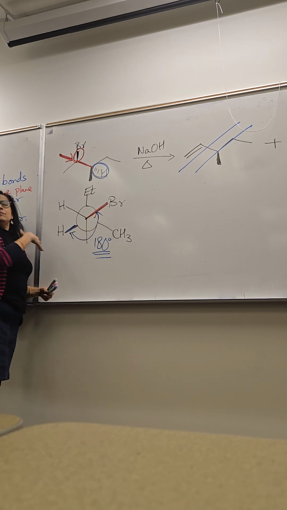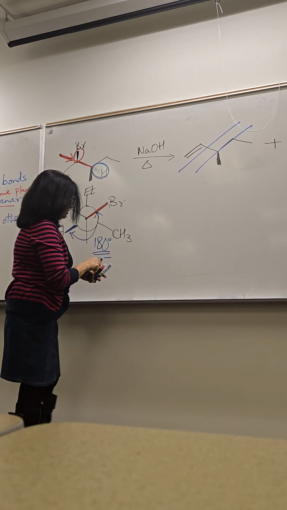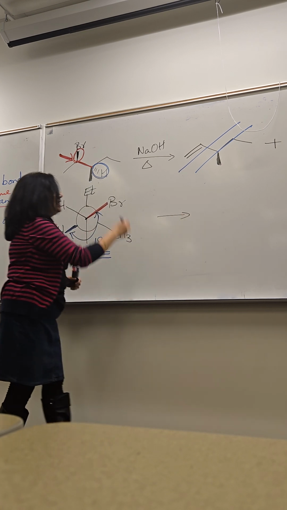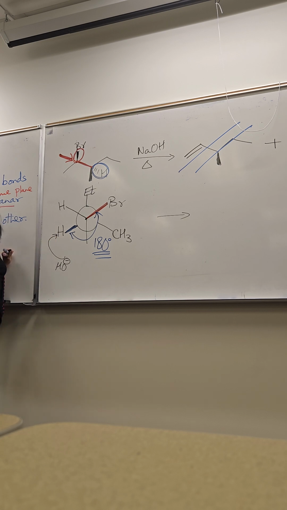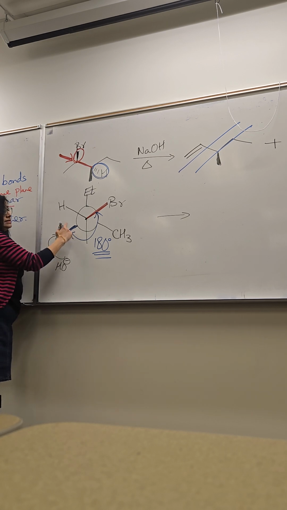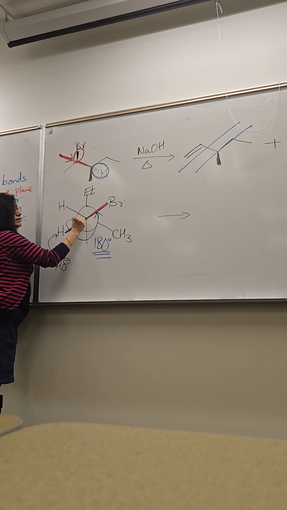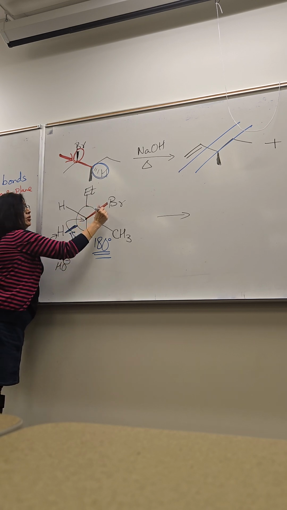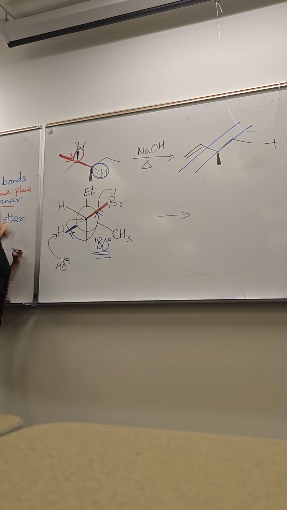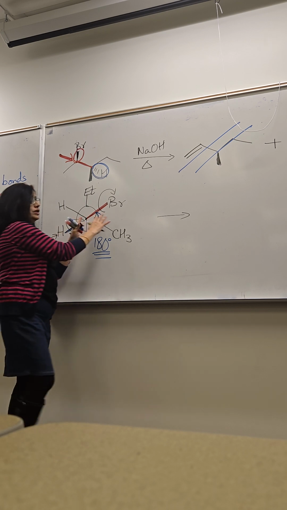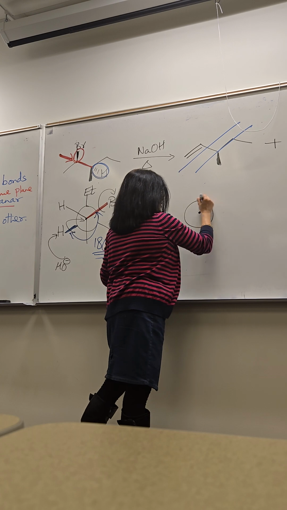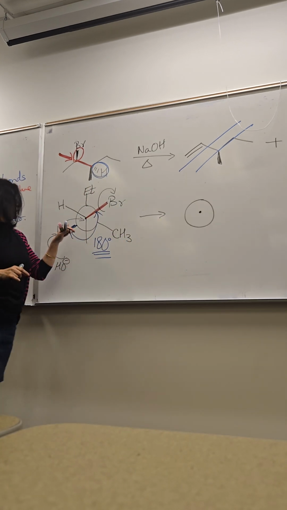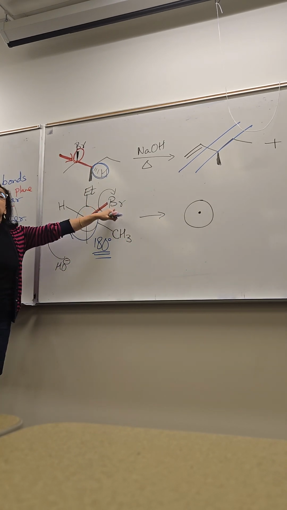When elimination has taken place, the base hydroxide comes in, takes the proton, the beta hydrogen, this bond breaks, and makes a double bond, and that bond breaks and bromide is kicked out, isn't that right? I'm going to keep everything else the same. I'm just getting rid of what's leaving. Nothing else I'm going to change. That's gone. This is gone.